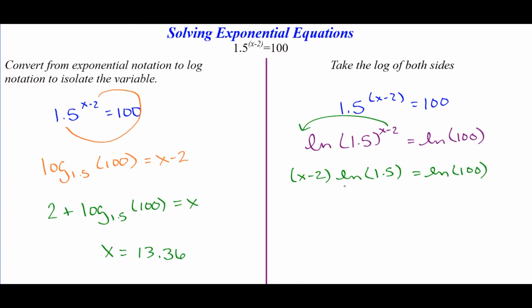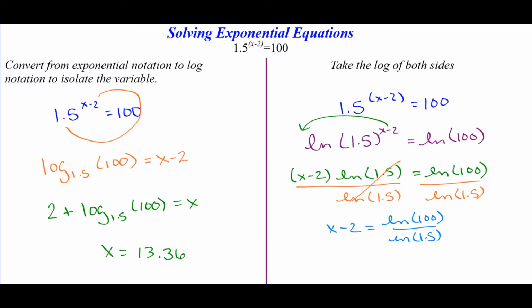So I want to divide both sides by the natural log 1.5 before I deal with that x minus 2. So this cancels out. Then I have x minus 2 equals the natural log 100 over natural log 1.5. Then we can add 2 to both sides. So we end up with x equals natural log 100 over natural log 1.5 plus 2, which will again give us 13.36.